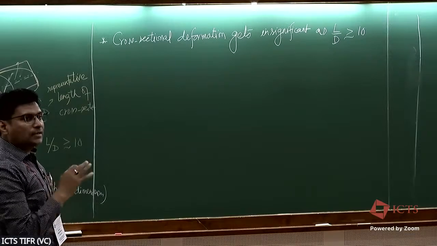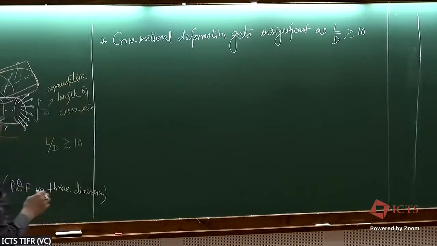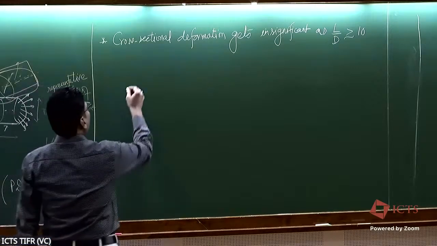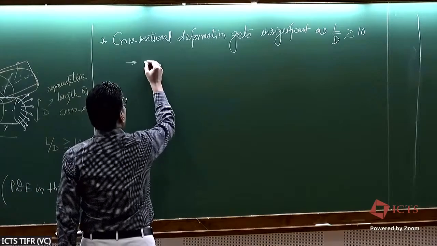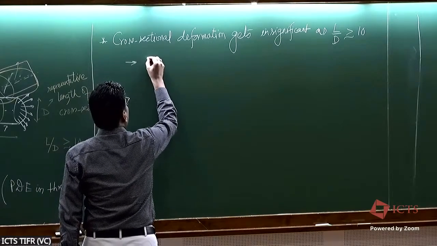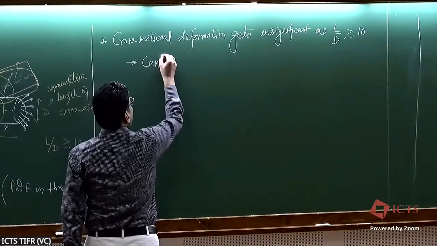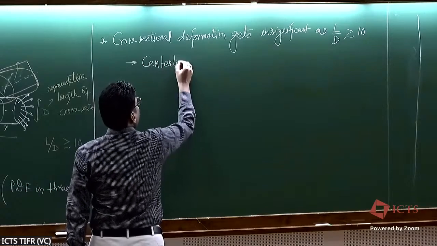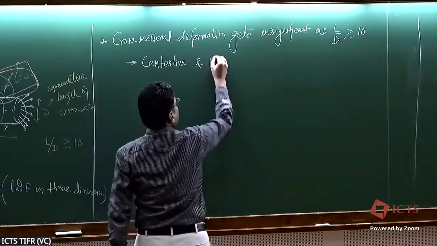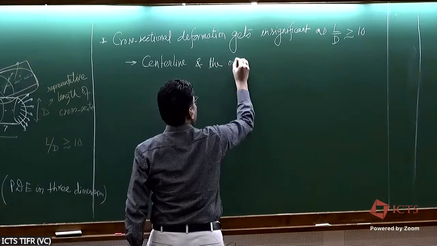So in that regime, instead of solving for the full deformed shape of the beam, one can then do away with just the center line and the orientation of the cross section.